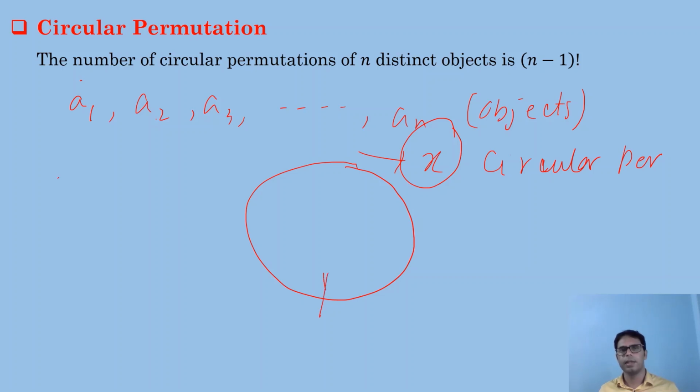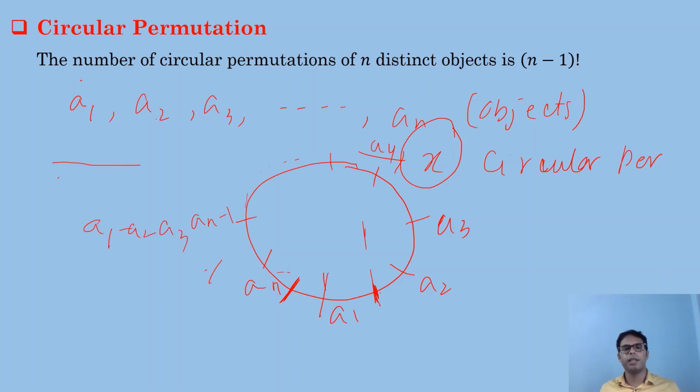Say here a1, then a2, then a3, in this way a4 and so on, finally a n minus 1 and then an.